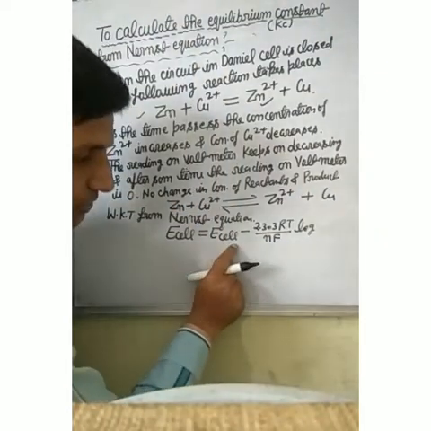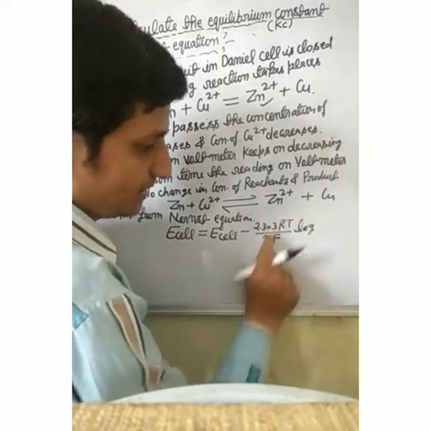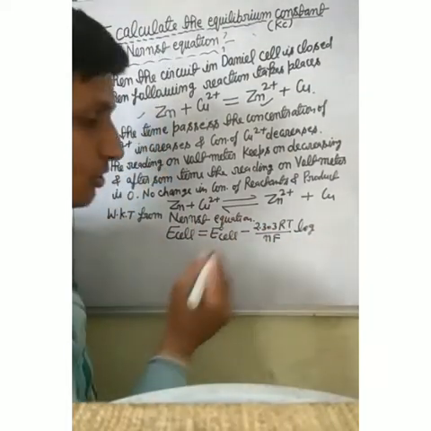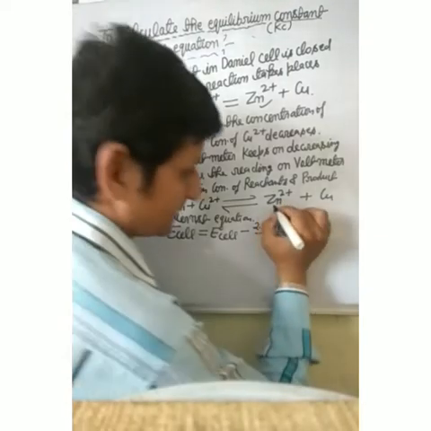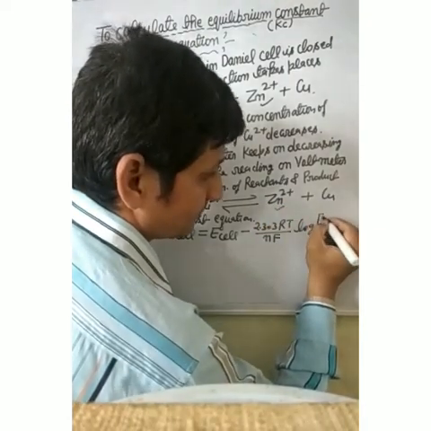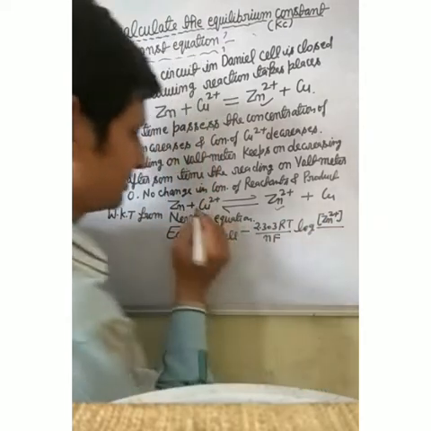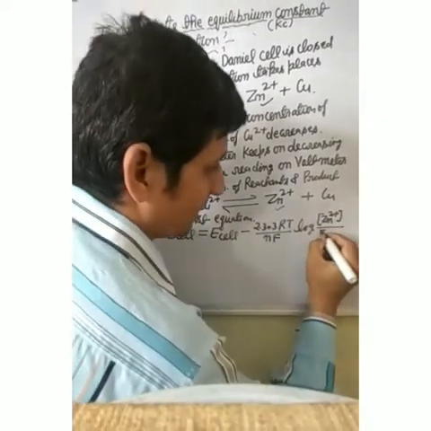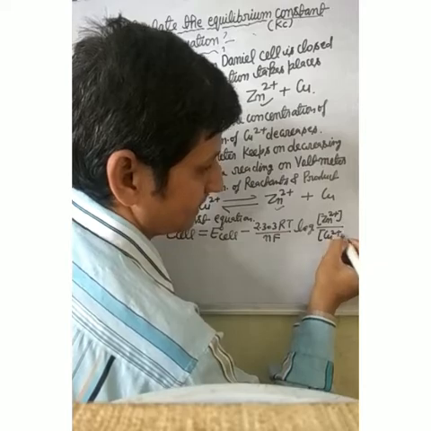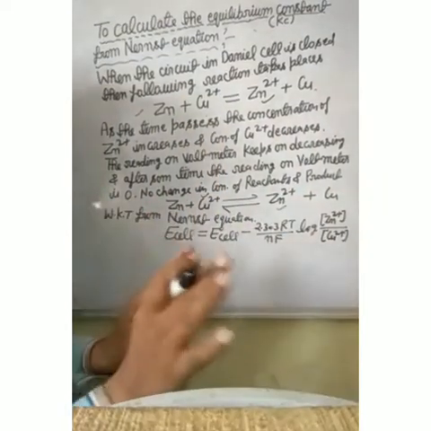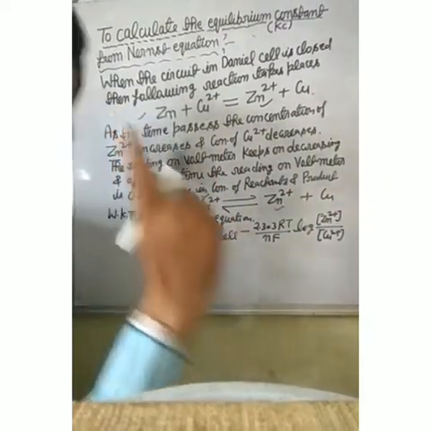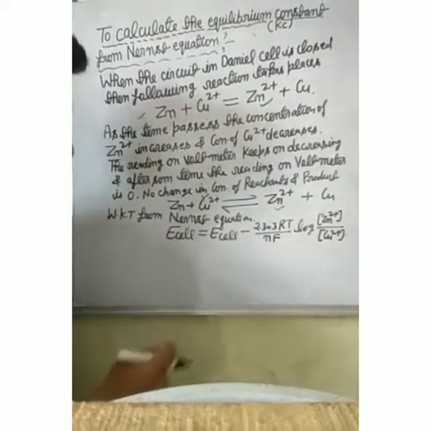E cell is equal to E naught cell minus 2.303 RT upon nF log Kc. Log concentration of product. So concentration of product is zinc ion upon concentration of reactant is copper ion. Here copper and zinc are not taken; their concentration is taken as unity, meaning 1.